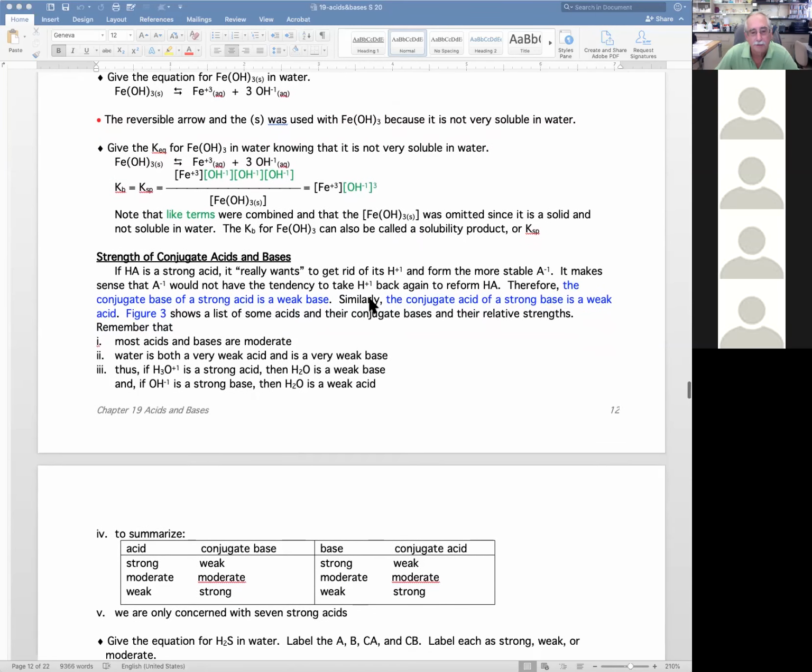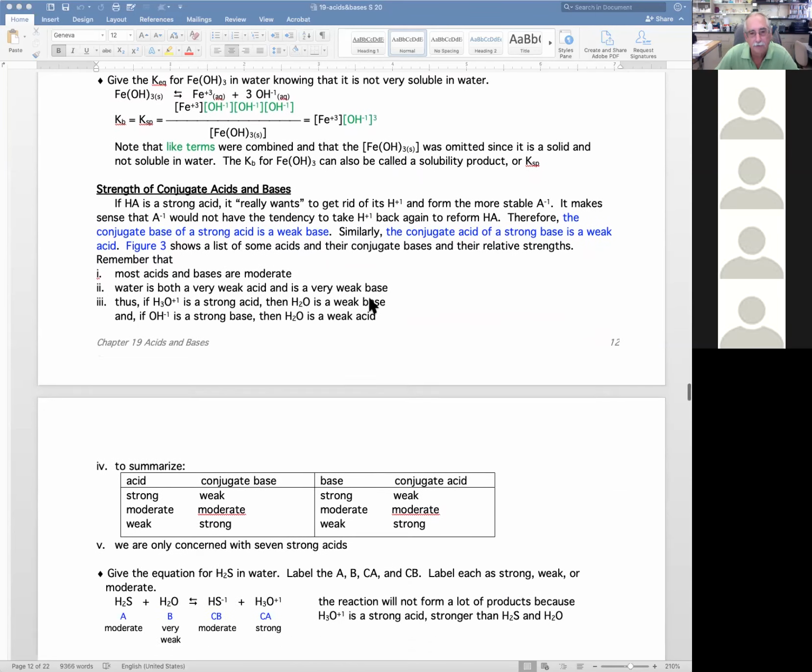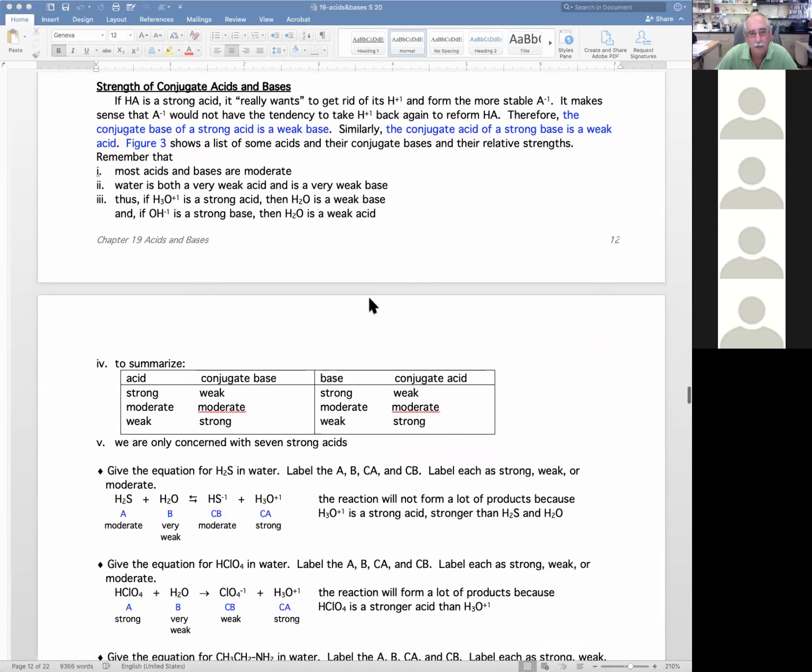The next part is kind of difficult because of the way textbooks treat this. And so I'm trying to make it more simplified. If HA is a strong acid, that means it really wants to get rid of its H+.